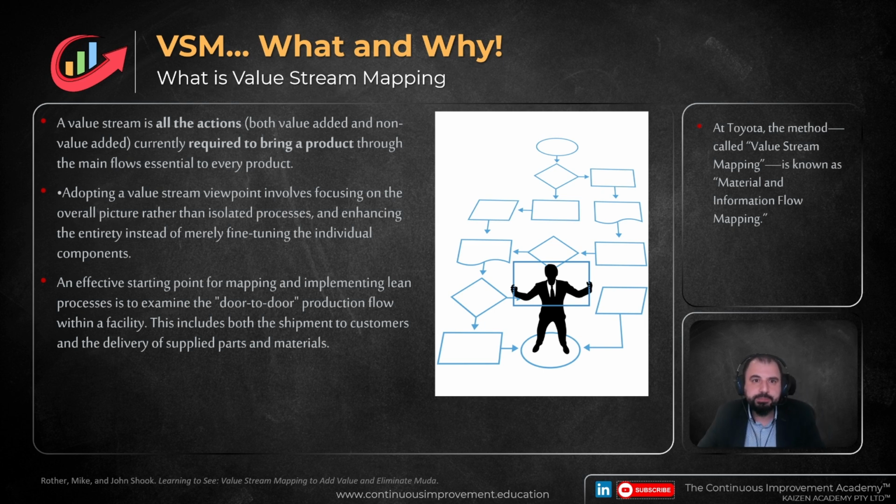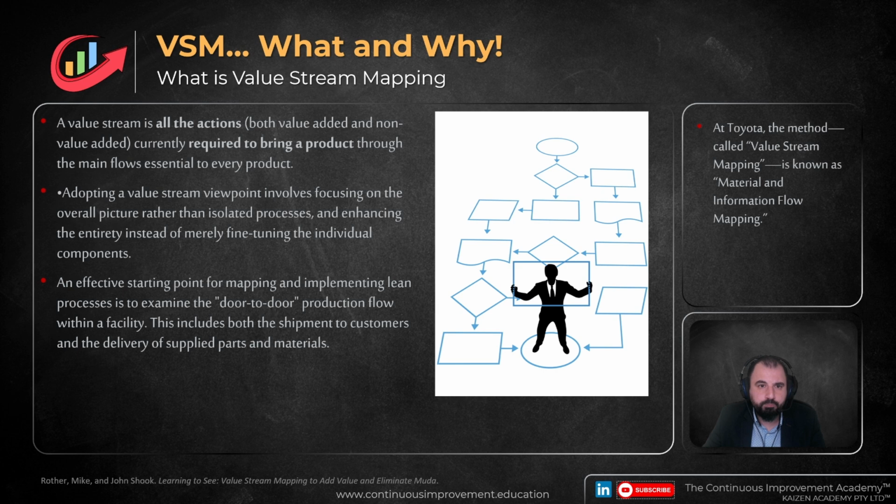So a value stream encompasses all the actions, both value added and non-value added. So this is what a value stream means. And these value added and non-value added activities are the activities that are required to bring a product through its main flows, including the production flow from raw material into a product that is ready to be delivered to the customer, and the design flow, for example, from a concept to launch, so from the beginning to end.